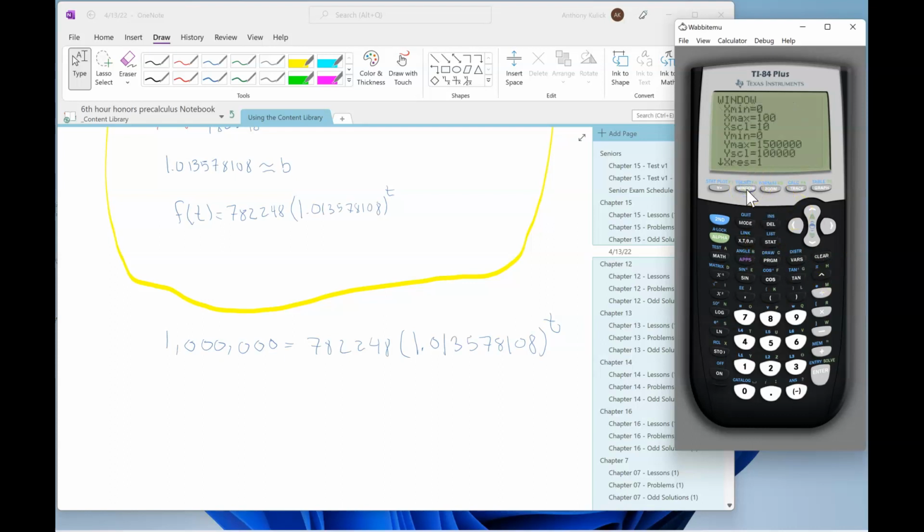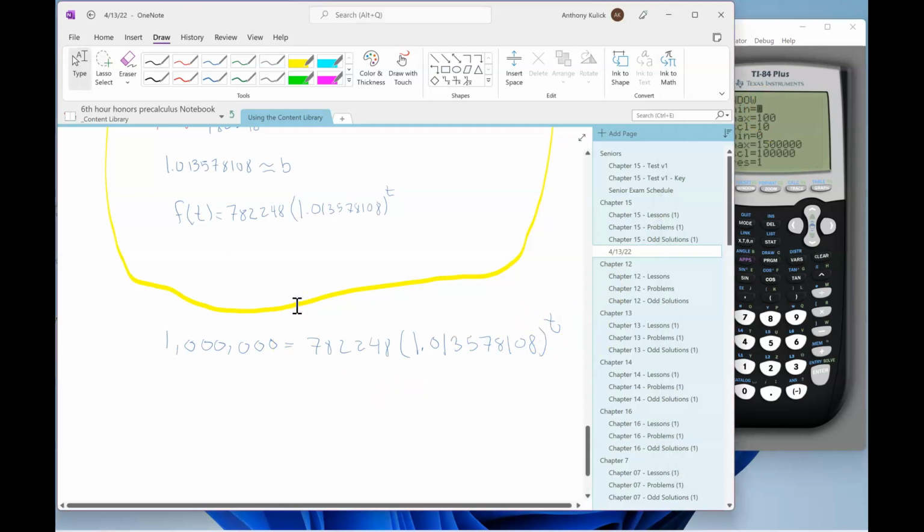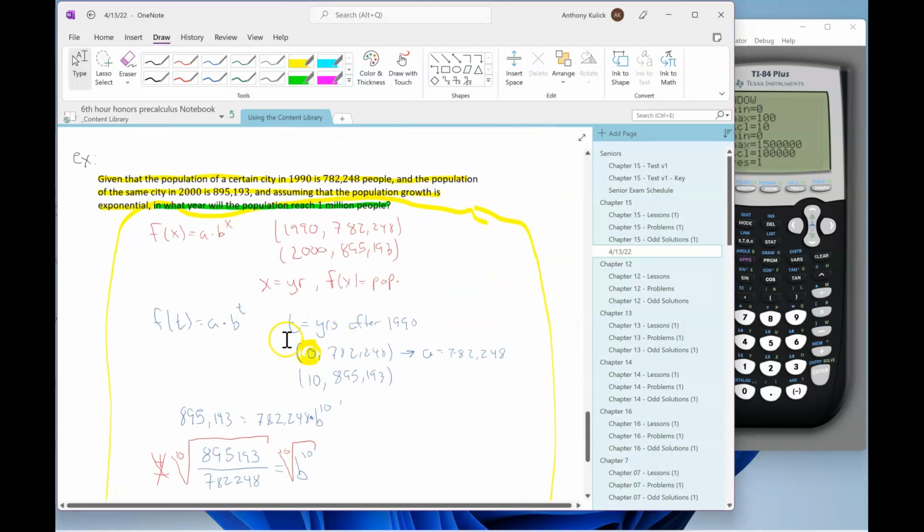Okay. So then I'm going to reset my window because I have to think about this a little bit carefully. The X here is really representing the years after 1990. So at X equals 0, that's 1990. At X equals 10, I've gone up about 100,000 in population.